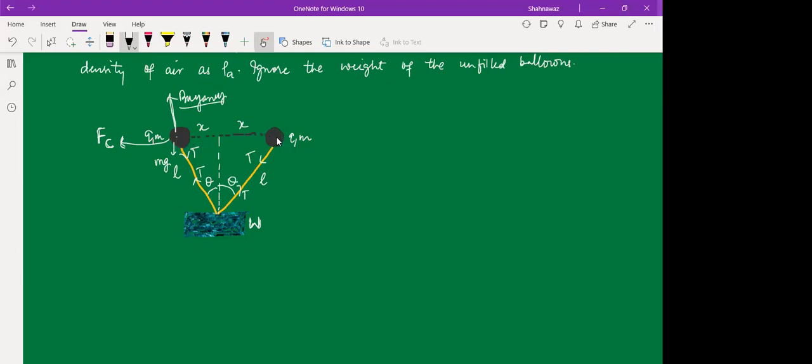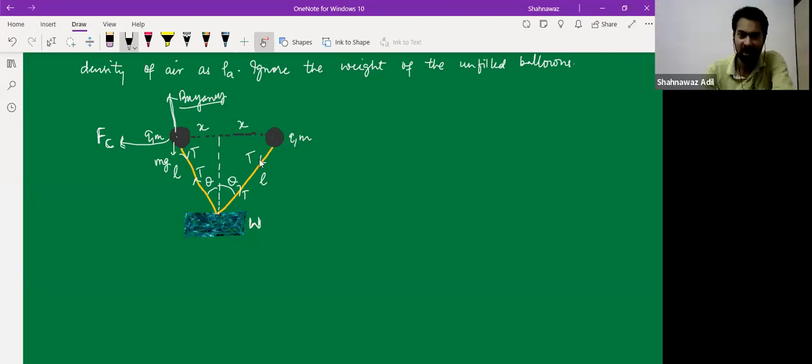Buoyancy will be there when it is in a fluid, so this is immersed in the air, and this balloon has some helium filled in it. So this will experience some upward force. This is a helium-filled balloon.